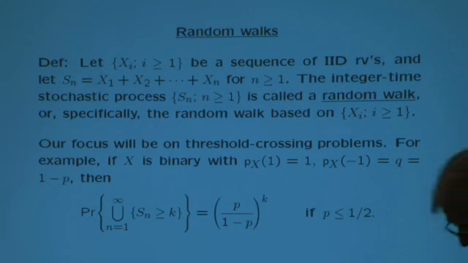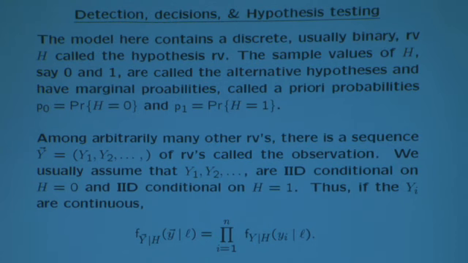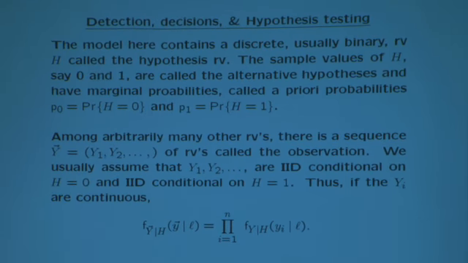So let's go further and look particularly at this problem of detection and decisions and hypothesis testing, which is really not a particularly hard problem, but it's made particularly hard by statisticians who have so many special rules, peculiar cases, and almost mythology about making decisions.